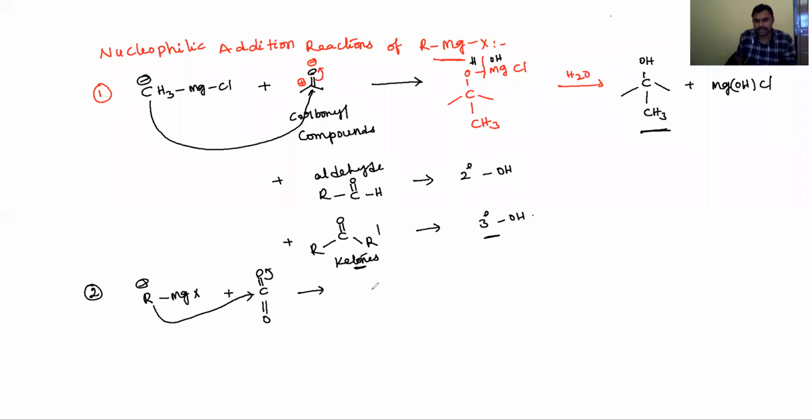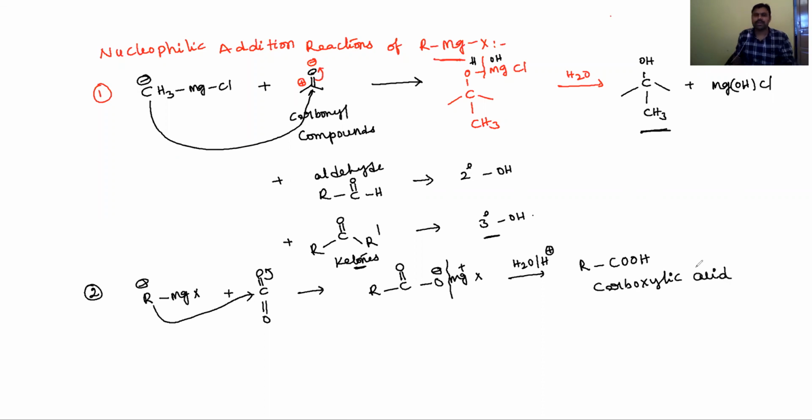Then we get RC(=O)O minus and Mg plus X. On further hydrolysis in acidic medium, we get acids. RCOOH, carboxylic acids, are the products.